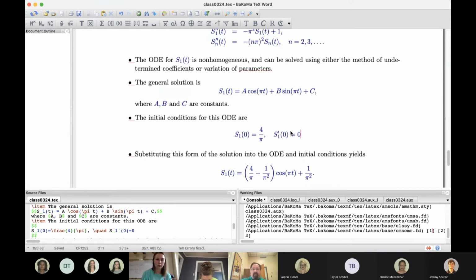Taking those into account, what we find is that there's no sine term. If I take a derivative of this, I get minus a sine pi t plus b cosine pi t, all times pi. I plug in t equals 0, then this part's going to be non-zero unless b is 0. So that's why there's no sine term. We only have a cosine term.